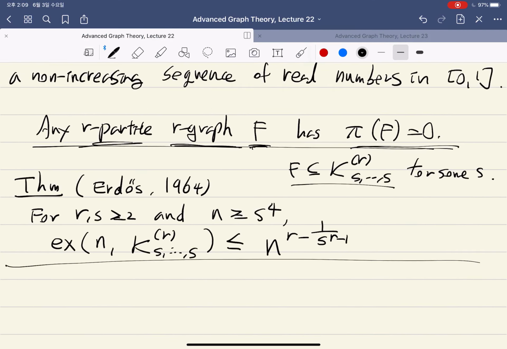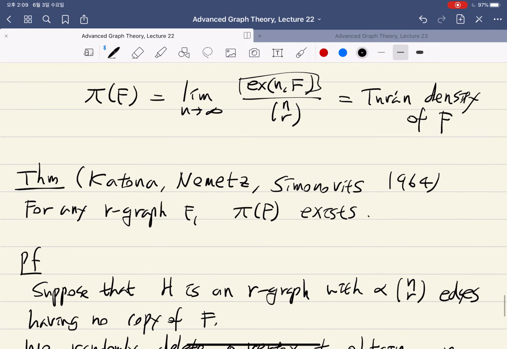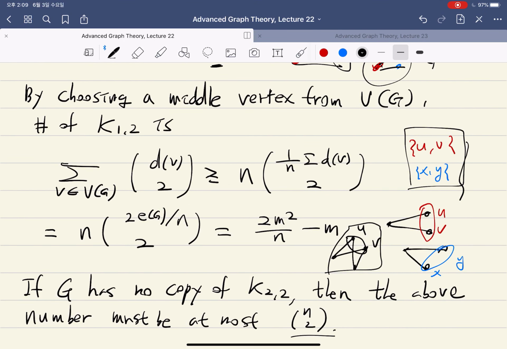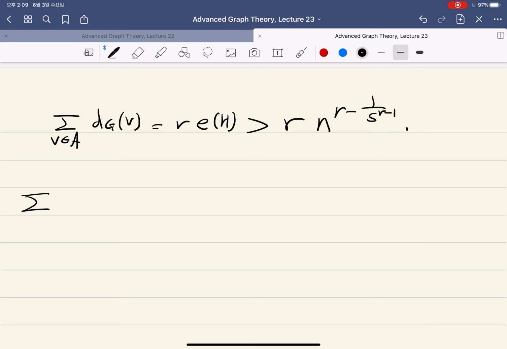Before, when we did K_{s,s}, we considered this function and summed it up, and it had some meaning, which we interpreted combinatorially. Similarly, we do this.